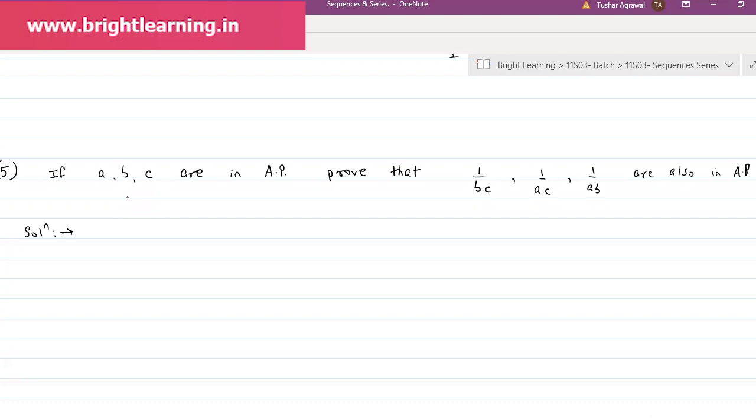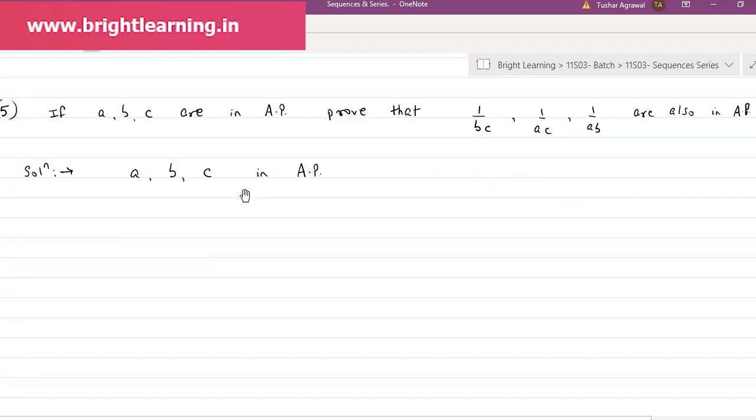So if A, B, C are in AP, and I divide each of them by a fixed constant, then the new sequence is AP.